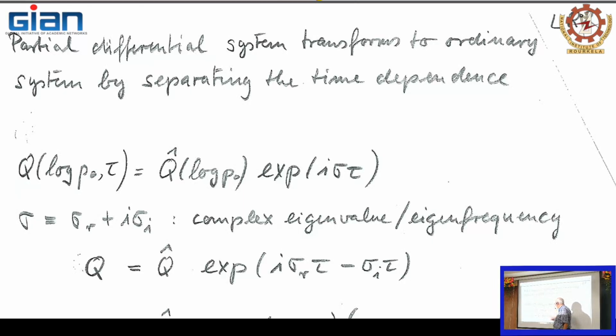The exponent is i sigma_r times tau minus sigma_i times t. This is an exponential which increases or decreases depending on the sign of sigma_i. So sigma_i gives us some measure of whether the perturbation will decay or be an exponentially increasing function.